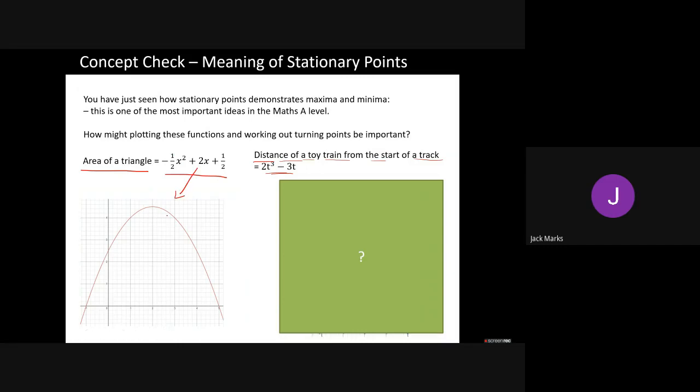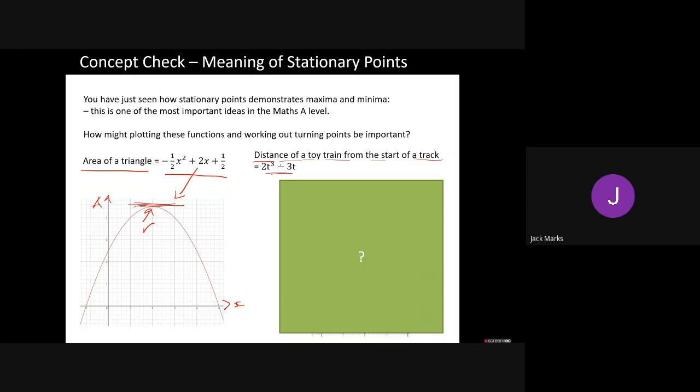And you can see that a particular x value, it looks like 2, gives you the maximum area from this triangle. How could I find 2 without drawing it? Well, I could differentiate this, set it equal to 0, and I would find out how to maximize the area of a triangle, for example. So this is an application that comes up in exam questions sometimes.